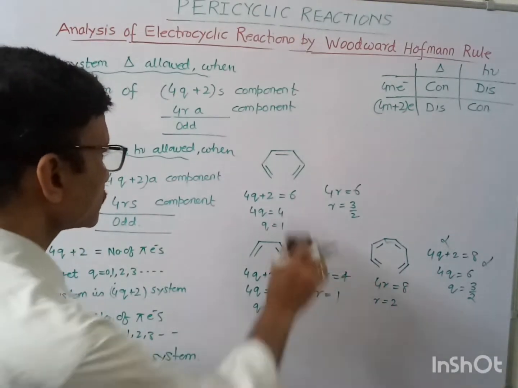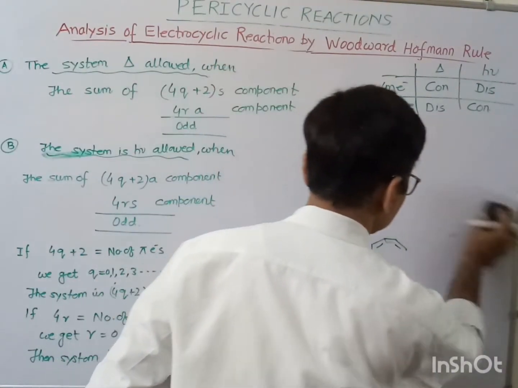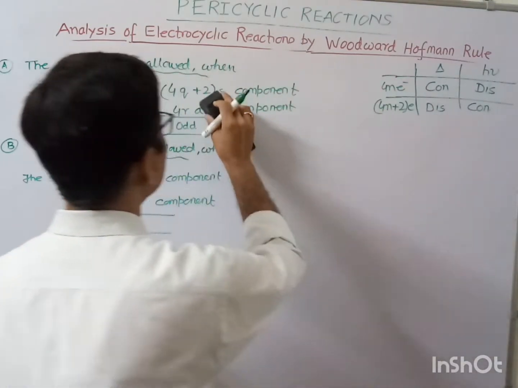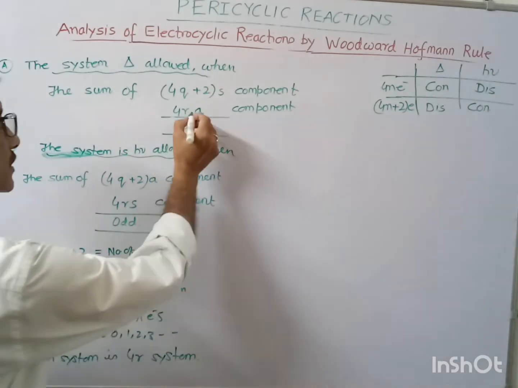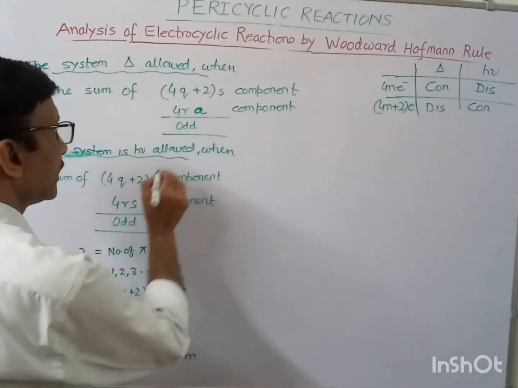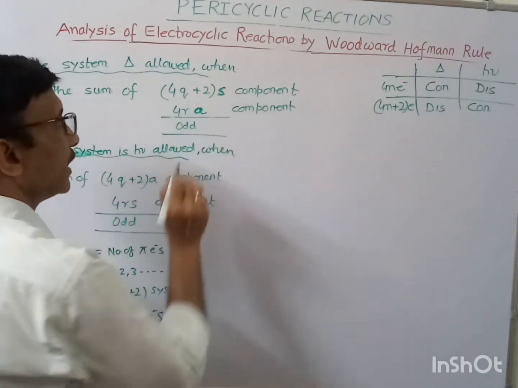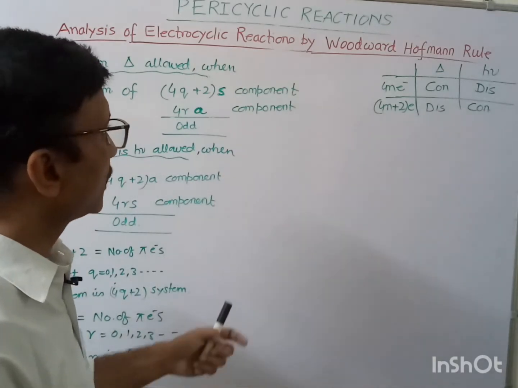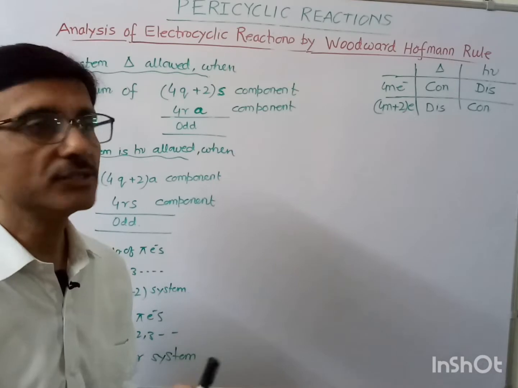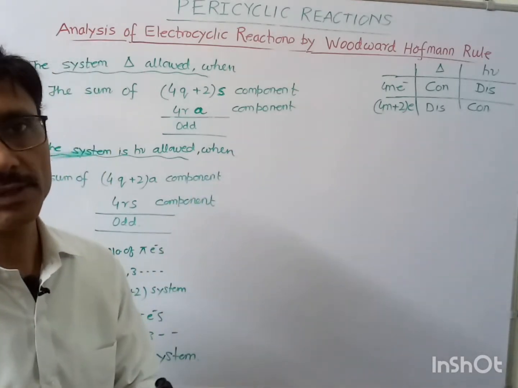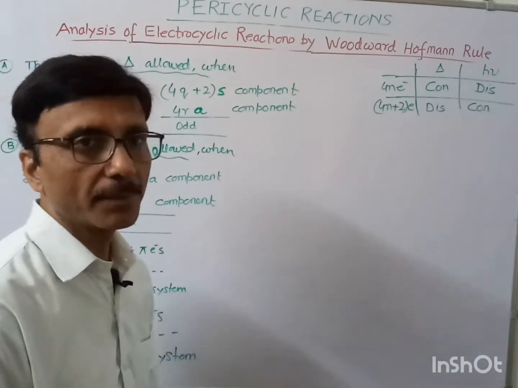Now let's see what is the meaning of this A and S. S means when the end lobes which combine to form a bond are on the upper side.